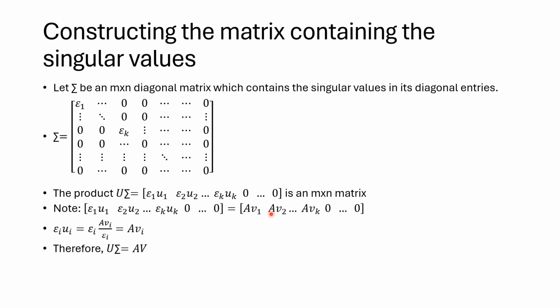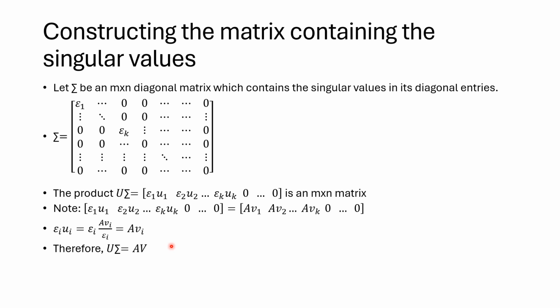And so we know that this is just U multiplied by sigma, which is equal to the matrix A multiplied by the matrix containing the vectors v. And which matrix contains the vectors v? Well, that's the matrix V itself. You should probably see where we're going with this.